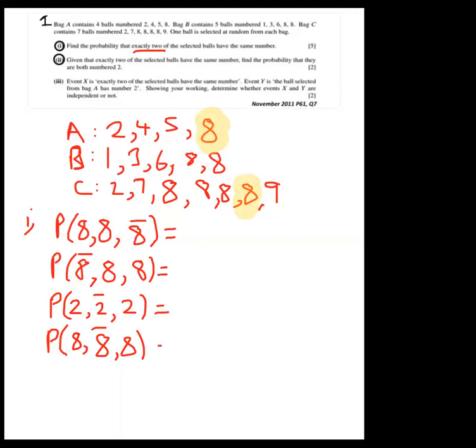So for the first case, probability of 8 from the first bag is 1/4 times from the second bag, there are 2 8s out of 5, so 2/5. And from C, we don't have to get an 8. So out of the 7 numbers in C, 4 are 8 and 3 are not 8s. So it will be 3/7.